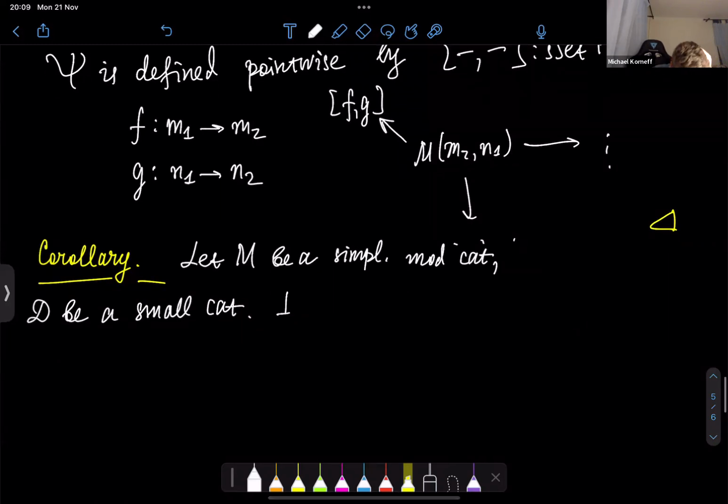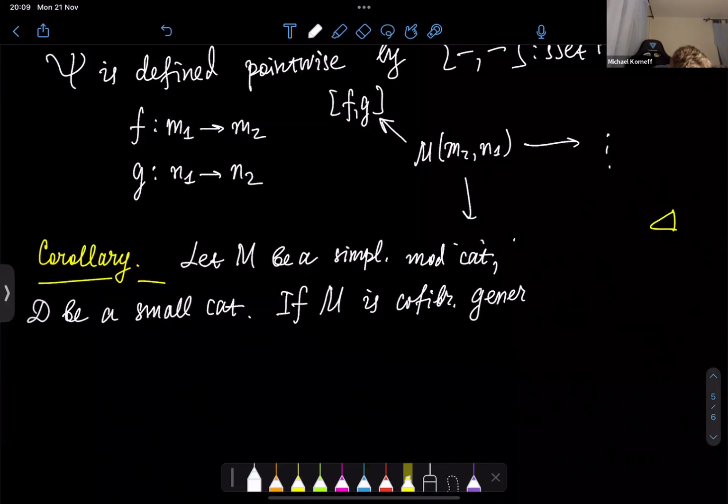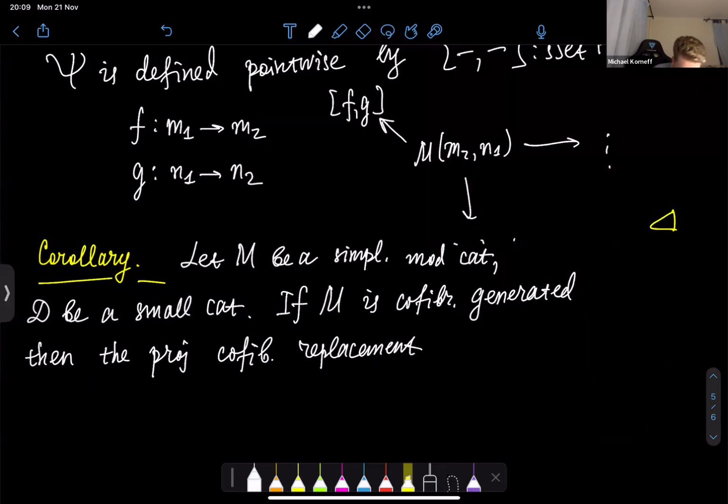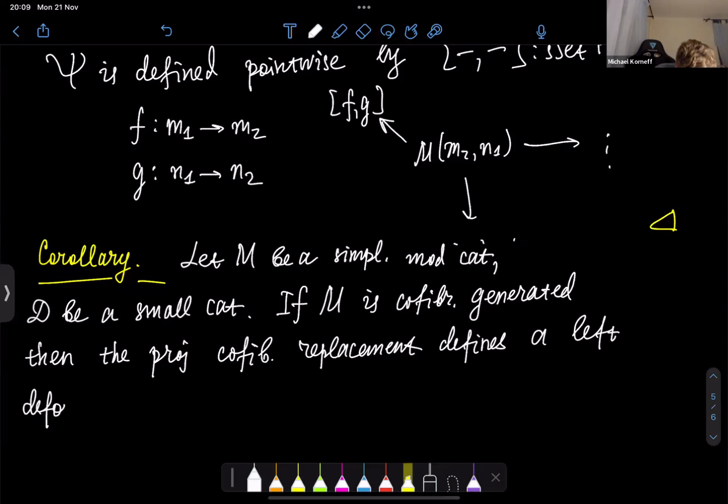If M is cofibrantly generated, then the projective cofibrant replacement defines a left deformation for a colimit functor.